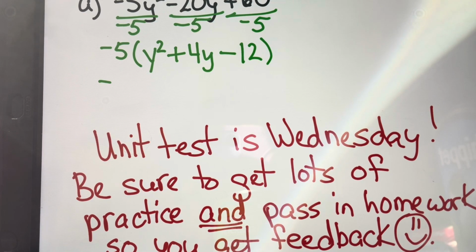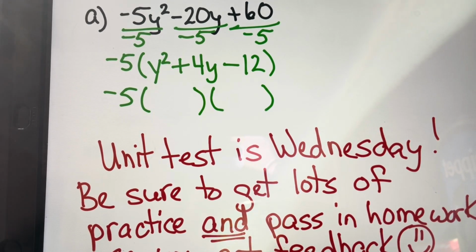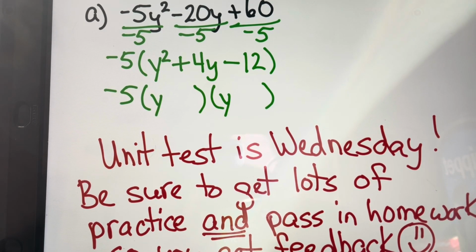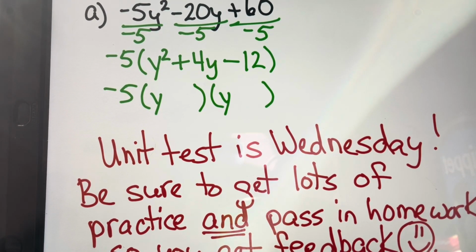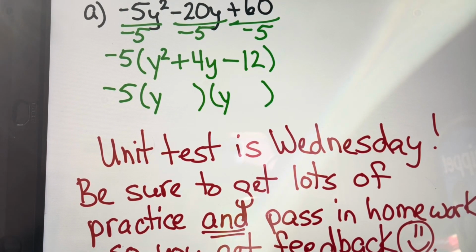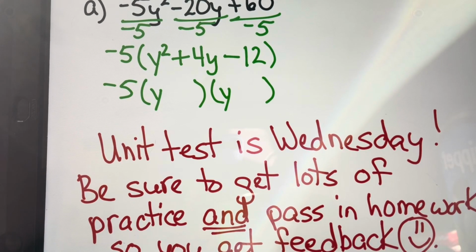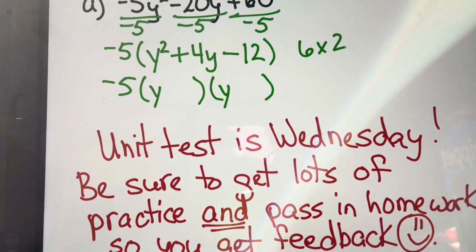Then you're going to do factoring just like you do for a simple trinomial. Y in each bracket. 2 numbers that multiply to make negative 12. Add to do 4y. I am thinking 6 times 2.